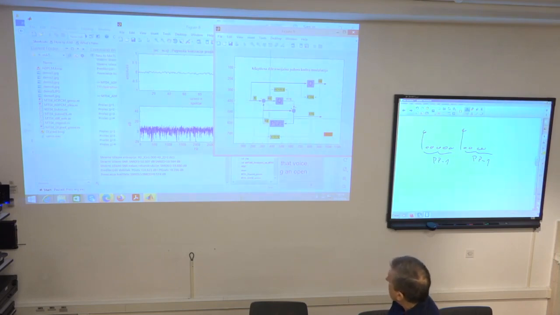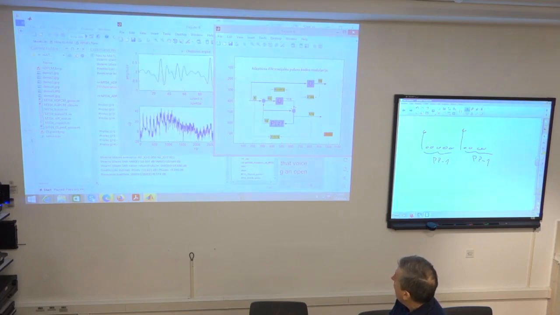In order to have the same prediction XP on both sides, even for the encoder side, for the sender, I have to do the quantization and use the reconstructed speech as a source for prediction. So this is the original A, and this here is predictively quantized in a closed loop A.